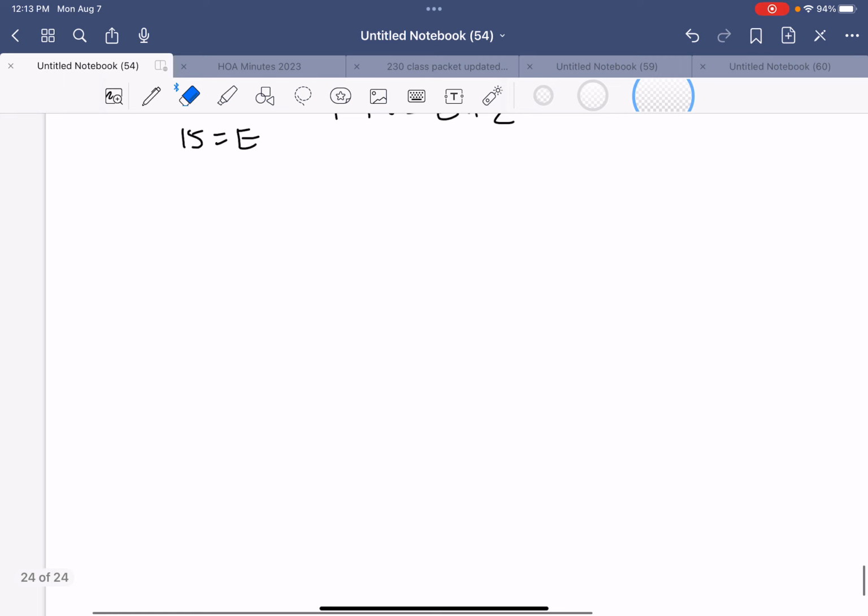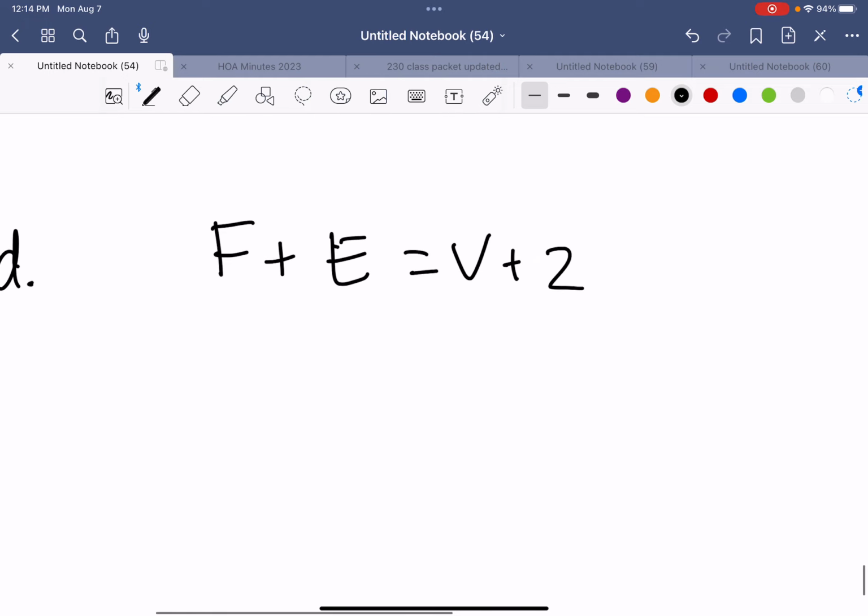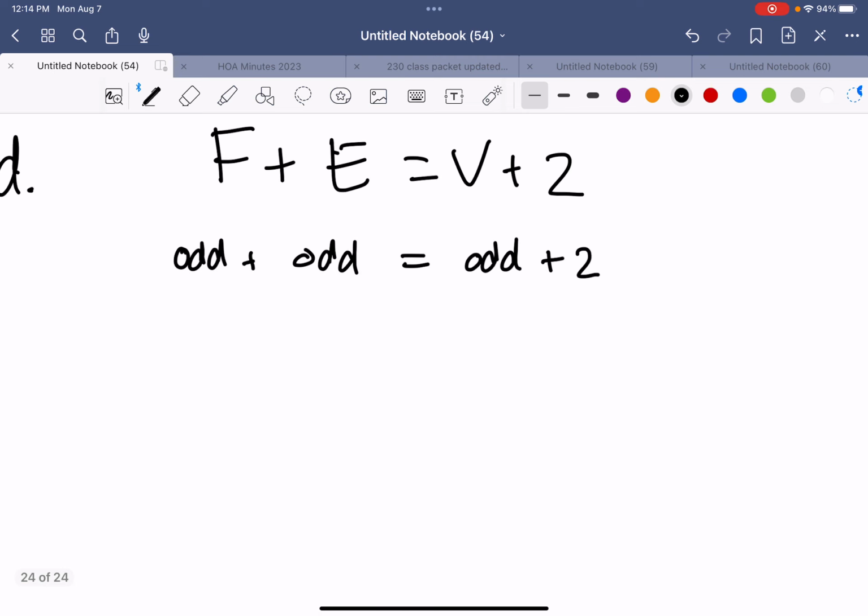So this one's a little bit trickier, so I'll go through this one for you. We have faces plus vertices equals edges plus 2. And they're saying, can all of these be odd? So you want an odd number plus an odd number equals an odd number plus 2, okay? Now, take any two odd numbers that you like, 7 and 3, add them together. You get 10. It's not odd.